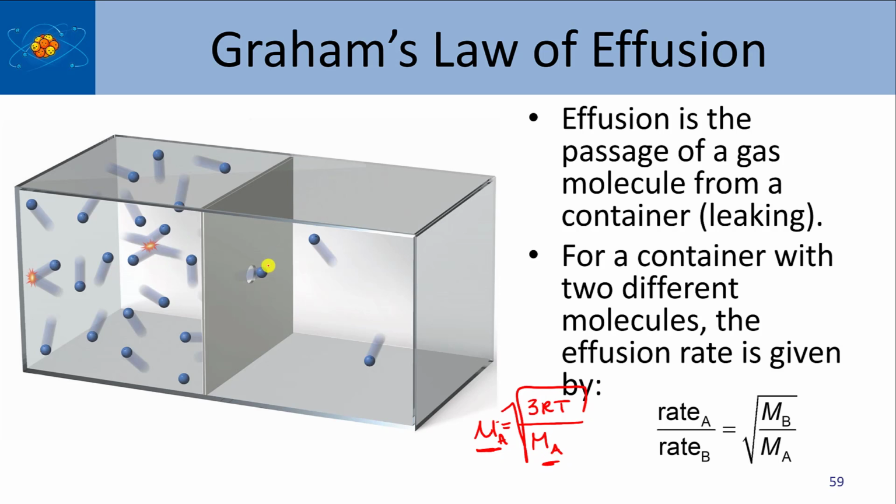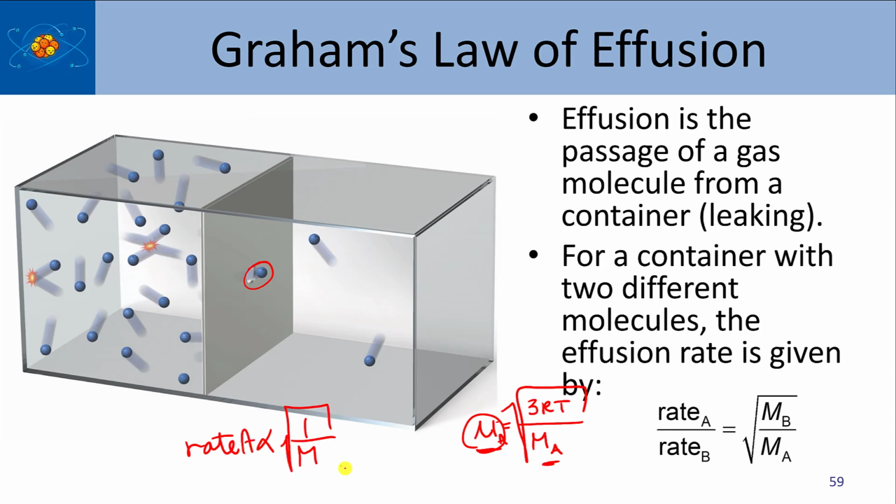Well, the rate at which a molecule will come through that hole is dependent on how fast the molecule is traveling. The faster it travels, the more collisions it makes, the quicker it'll find the hole in the wall and leak out. So we can see, just based on this idea, that rate is going to be proportional to 1 over the square root of the molar mass.